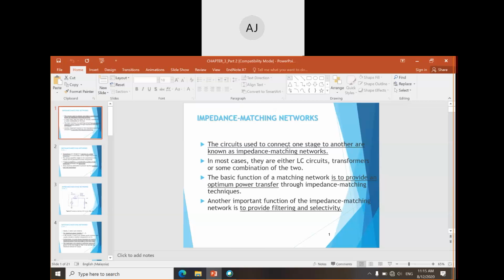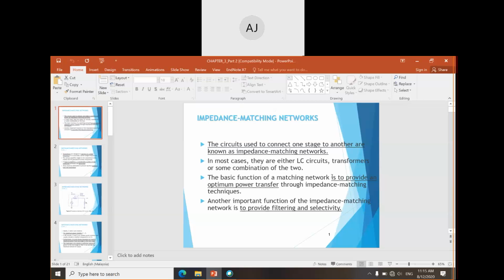Why do we need to match all the network? Because we want to maximize the power transfer, the optimum power transfer, so that the data we transmit from one stage to another stage contains enough power for the next operation.